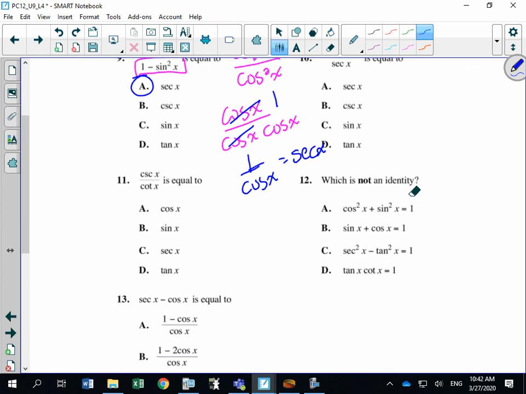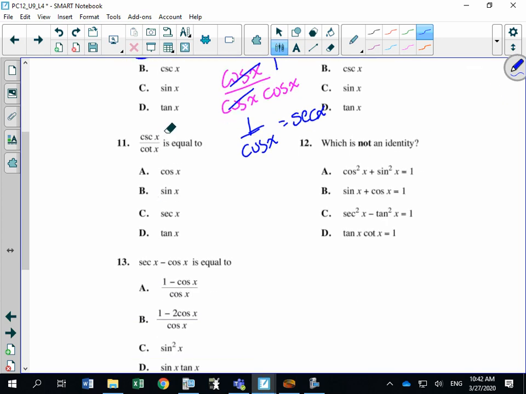Number 11, cosecant x over cotan of x is equal to. So cosecant, that is a reciprocal trig identity, and cosecant is the same thing as 1 over sine of x. Then it's being divided by cotan. The reciprocal identity for cotan is cos of x over sine of x.